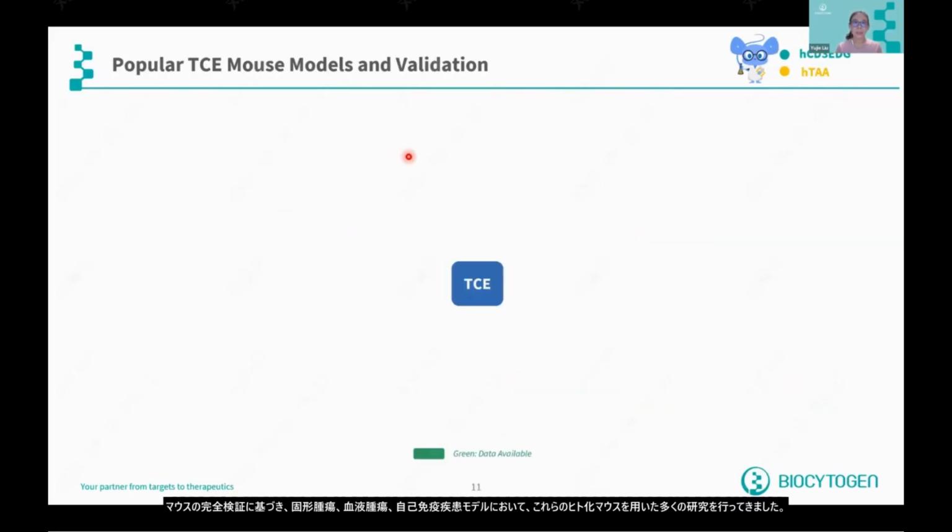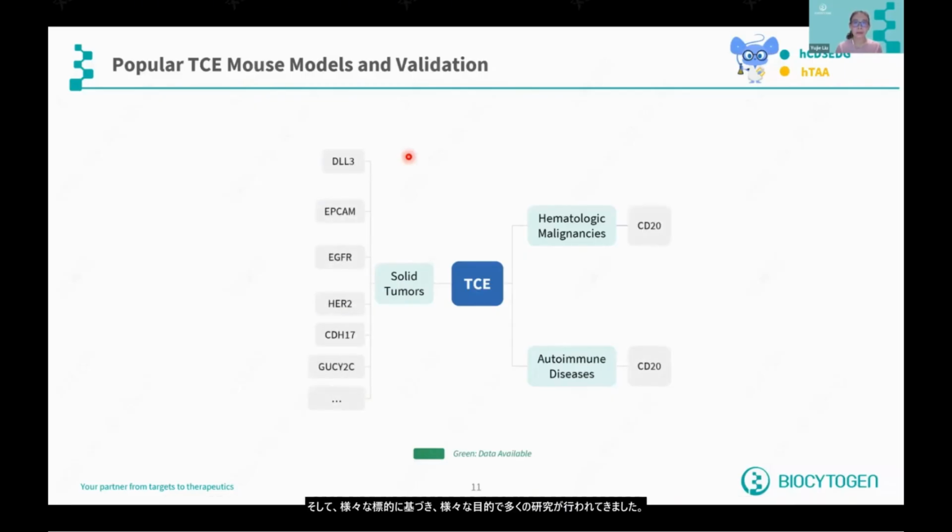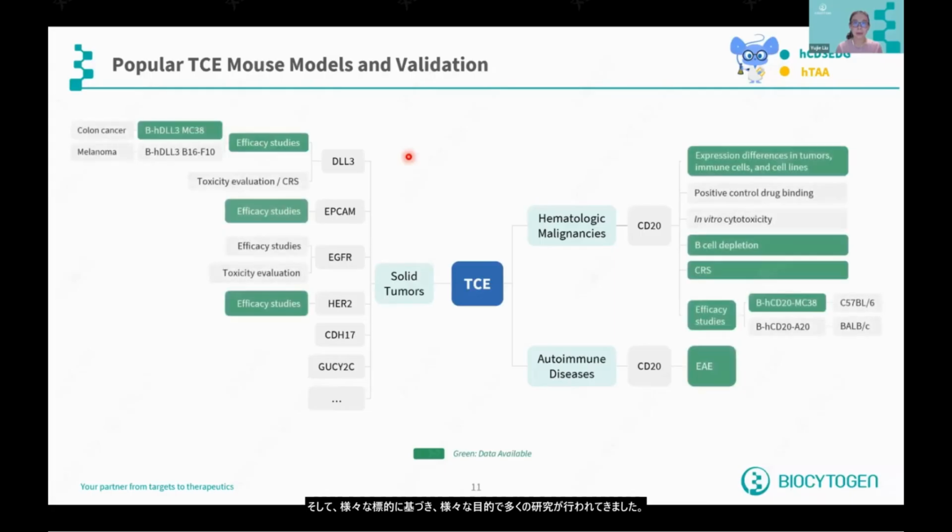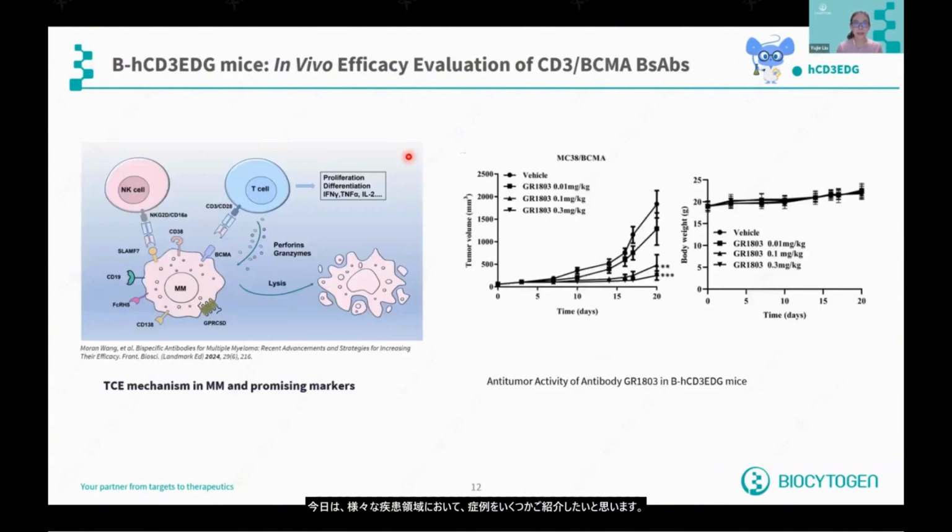Based on the full validation of the mice, we have done quite a lot of studies using these humanized mice in solid tumor, blood tumor, and autoimmune disease models, based on different kinds of targets. And we have done quite a lot of studies for different purposes. So today I would like to show you several cases in different disease areas.